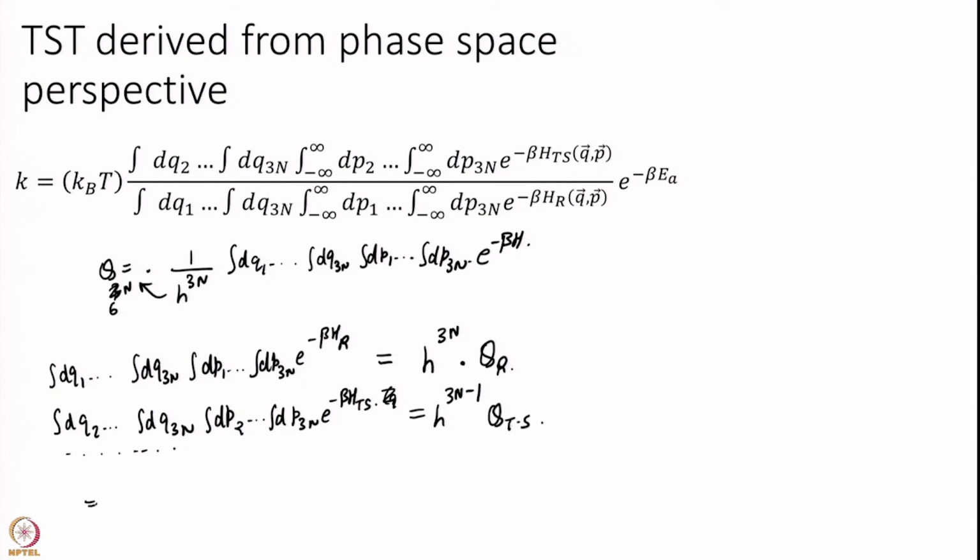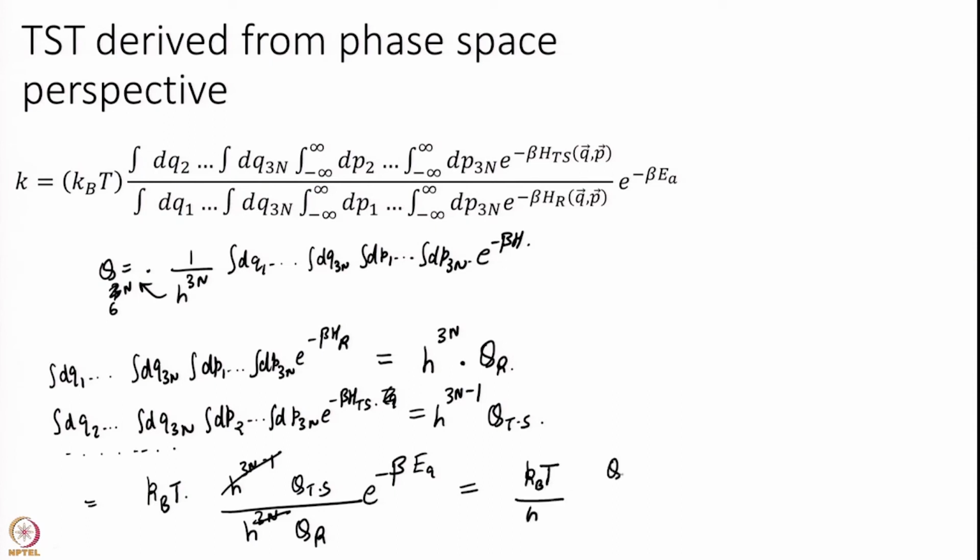Okay. So, if I put it here, I will get h to the power of 3n minus 1 Q transition state divided by h to the power of 3n Q reactants, but I cancel a lot of h. So, I get kT over h Q transition state over Q reactants, okay.